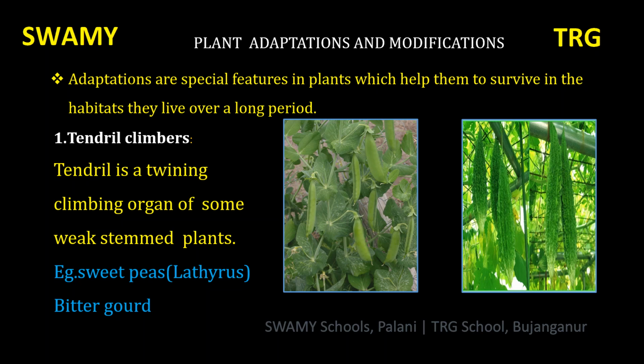Some plants have weak stems. They cannot stand straight. They need support to climb. Such a twining climbing organ is a tendril. For example, sweet peas and bitter gourd.